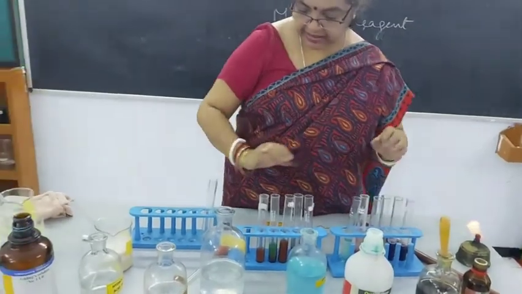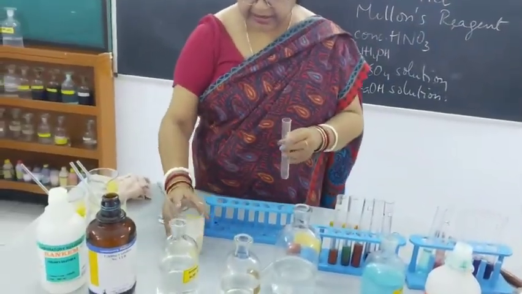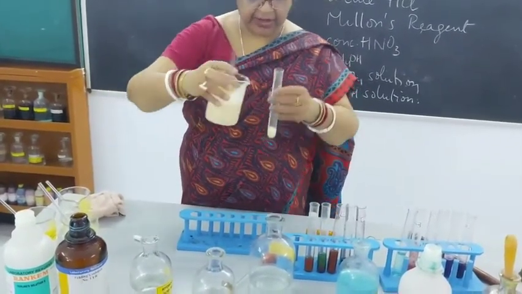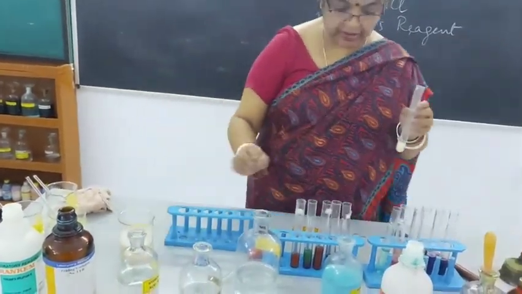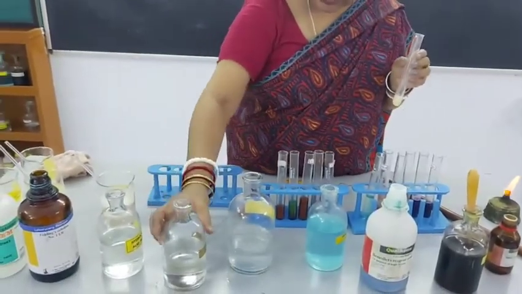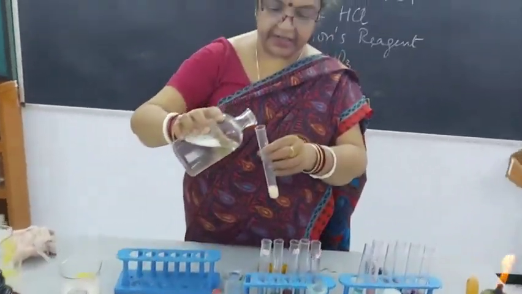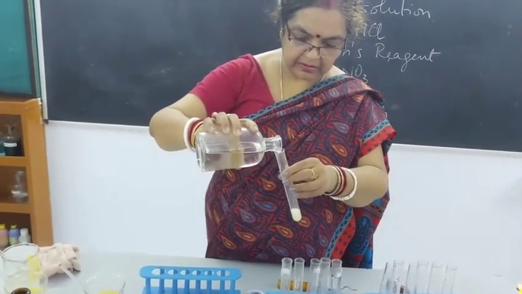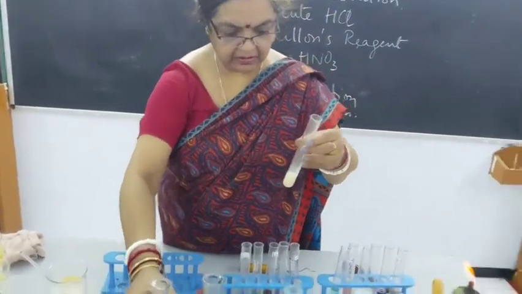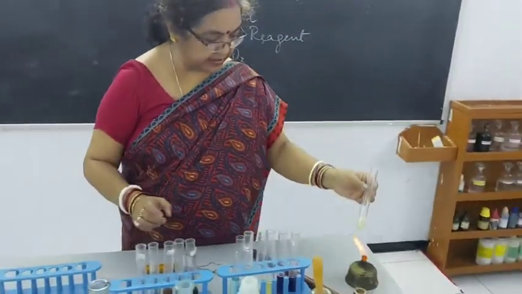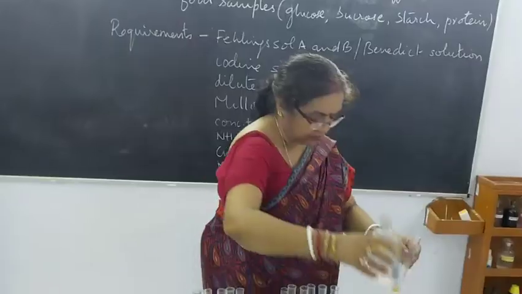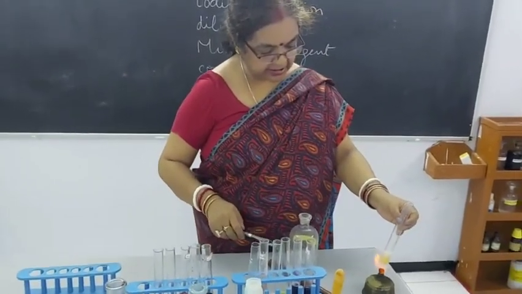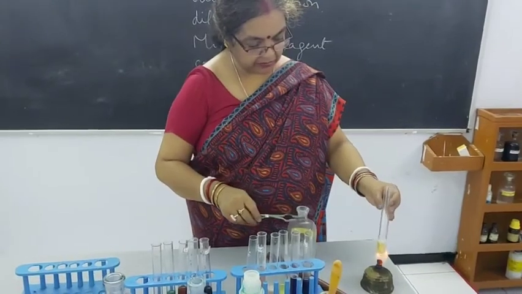And the last test is the xanthoproteic test for proteins. In that we take again a few ml of protein solution. We add for that nitric acid, concentrated nitric acid. And then we have to heat it. We will heat this, and then you will see the color will change to yellow.